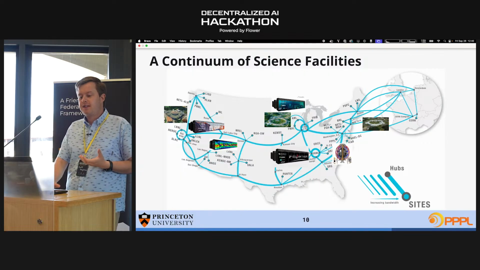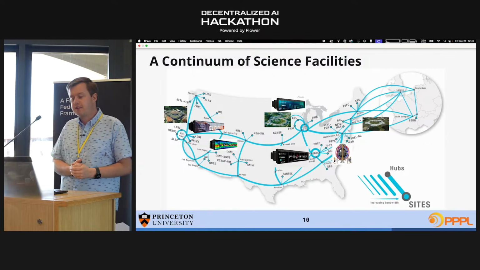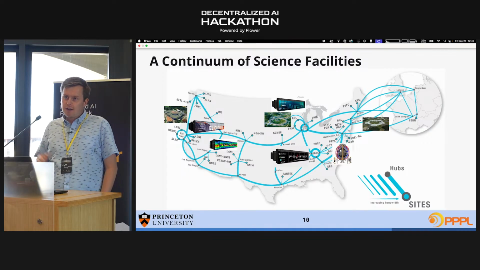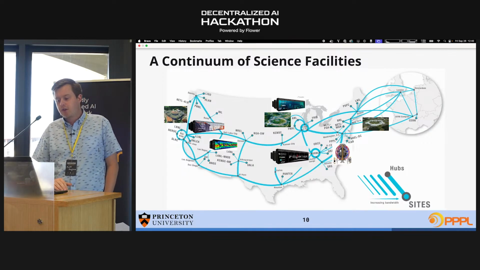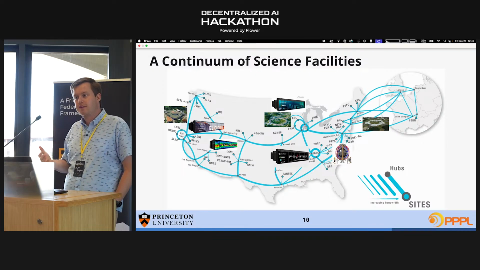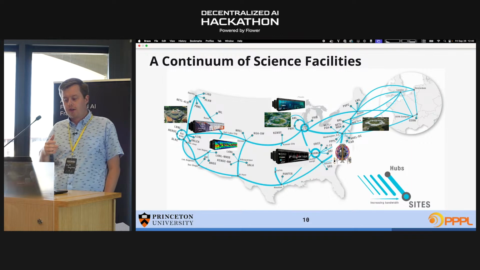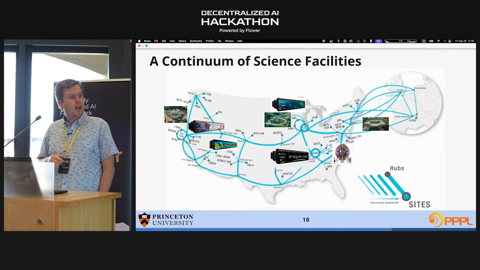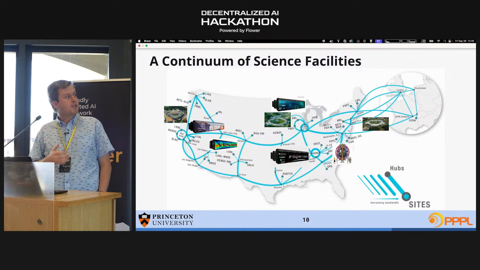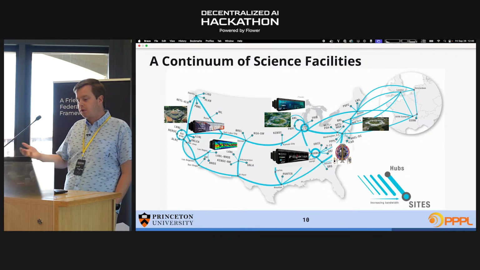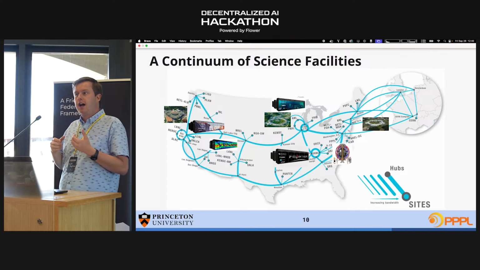But the way that we see this is what we call a continuum of science facilities. So we have these different exascale systems. There are 3 to 4 of them now, depending on how you count it, across the country at these different DOE facilities, as well as these different science user facilities. I just put on here, there are synchrotron light sources at Brookhaven and here in Berkeley. And then we have our spherical tokamak at PPPL.